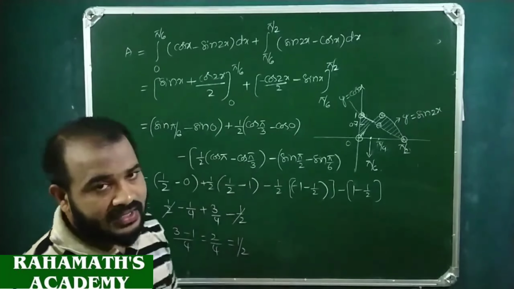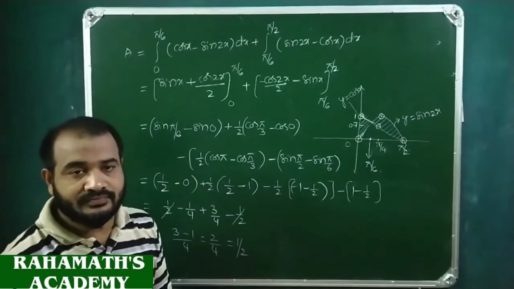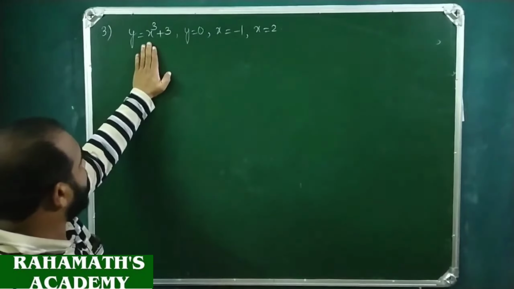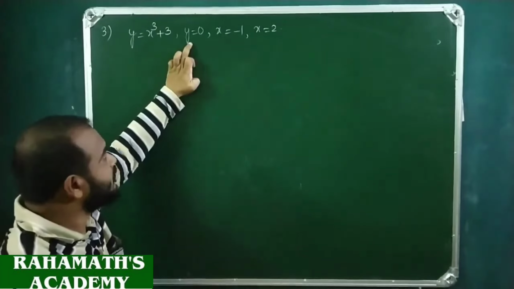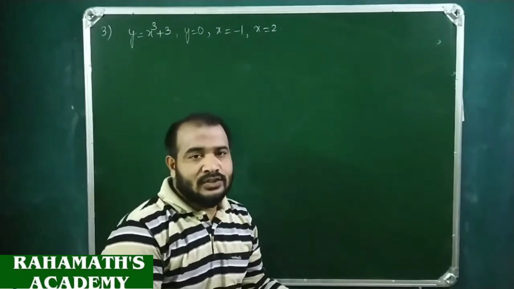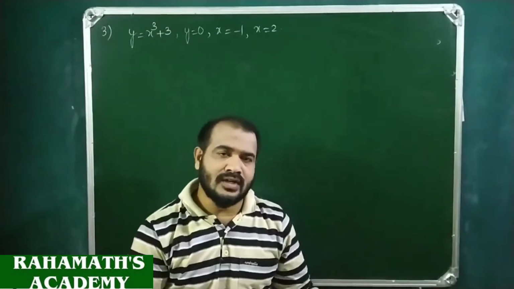So actually the total area bounded by the two curves is nothing but half. The area of the region bounded by y equals x cube plus 3, y equals 0 which is the x-axis, x equals minus 1, x equals 2. What are they? x equals k is the line which is parallel to the y-axis, in other words, vertical lines.